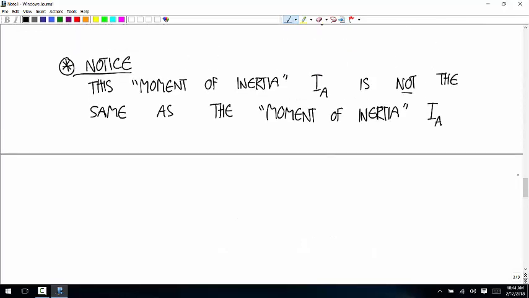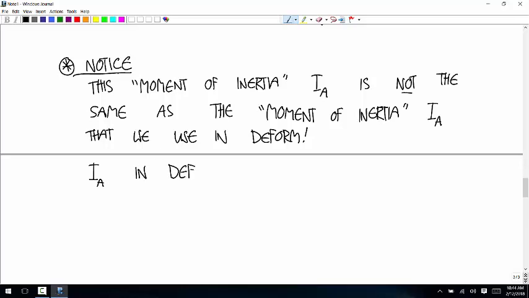You call them the same thing. The notation is exactly the same, but that comes up in the other form. So don't get confused about those. The one that we use in that form is, no, I sub A in that form.